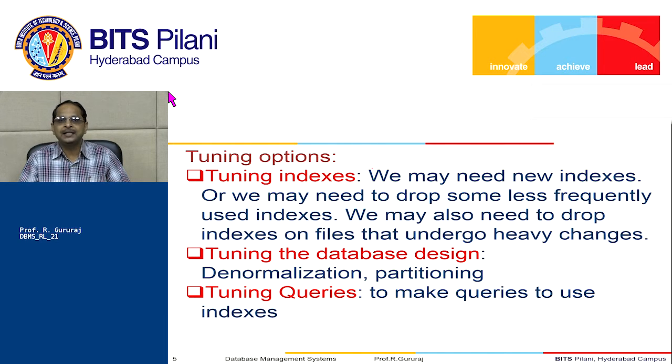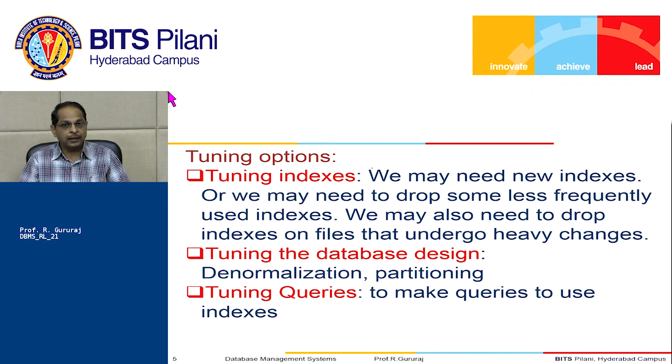That is, you may drop the indexing structure on that file, because if you construct indexing structures on files which are more dynamic in nature, the modifications required for the indexing structures take a lot of time. Hence, that may affect the performance. So we may decide to drop certain indexing structures which were built when the file was static, and later turned out to be dynamic in nature. That is about tuning the indexes.